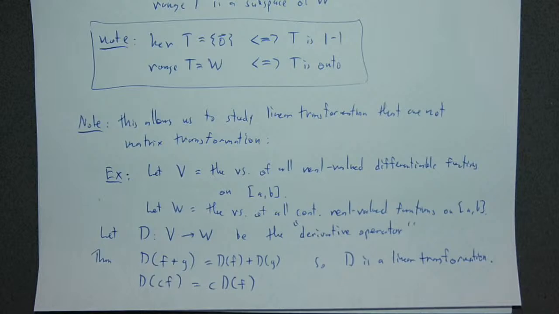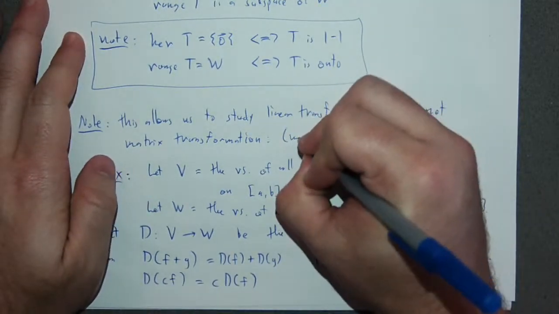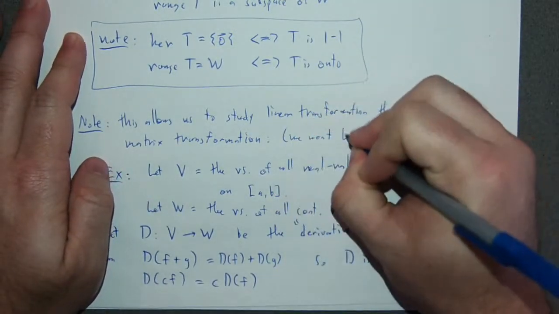Now we'll see later that if you're willing to accept a matrix that has infinite entries, then it's kind of sort of a matrix transformation, but it's not technically a matrix transformation. Don't worry too much about that, because we won't be doing much of this.